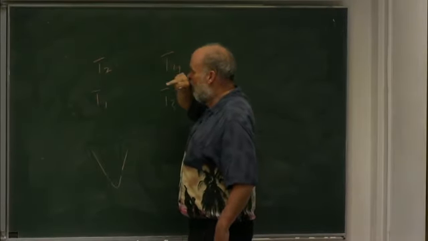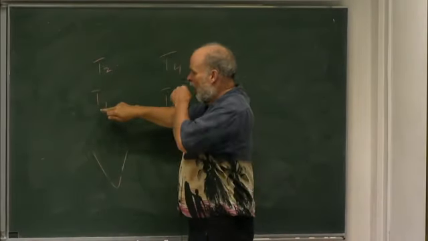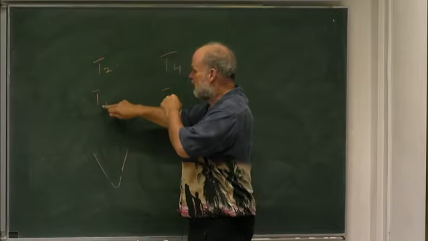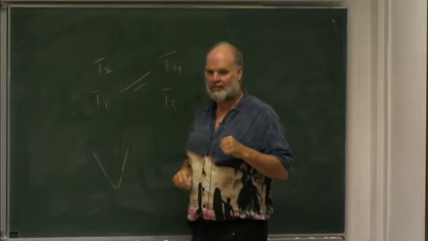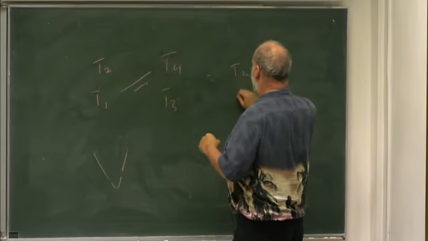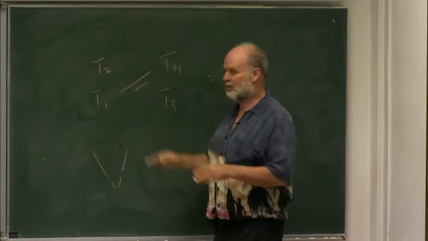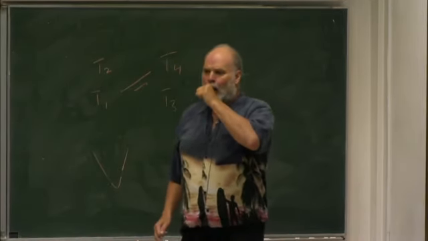But anyway, if T1 is actually equal to T4, then the answer for the composition is T2, T3. It's simply because between T1 and T4 you don't do anything if they're the same.